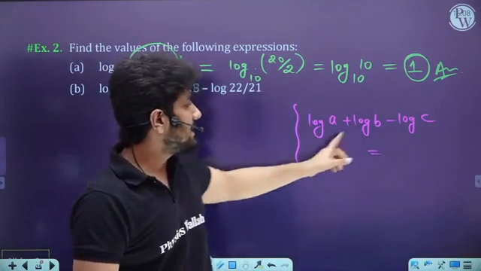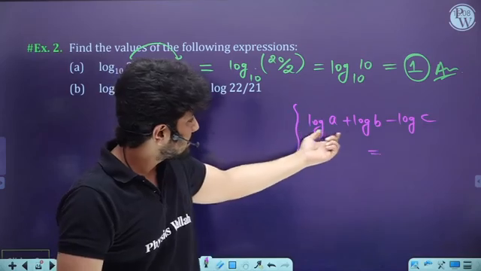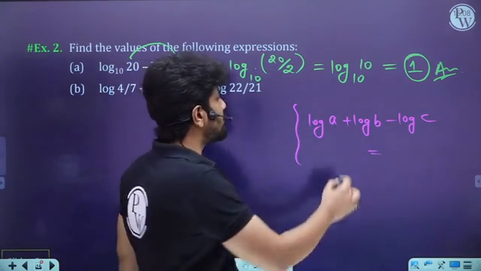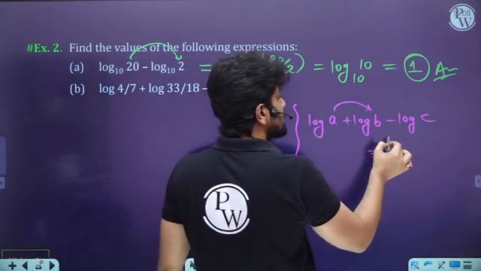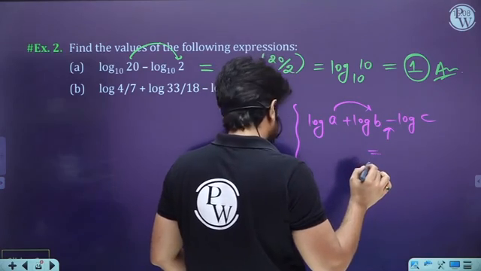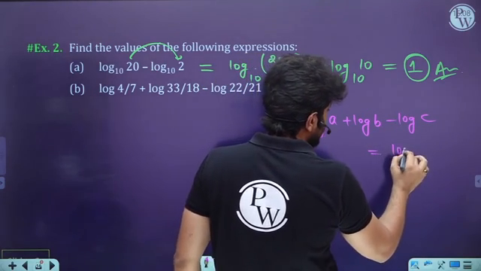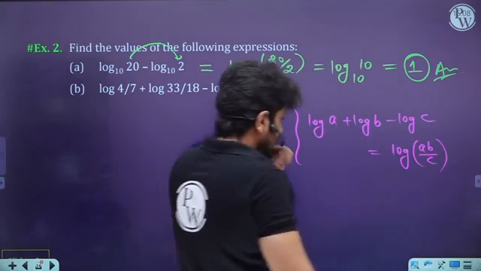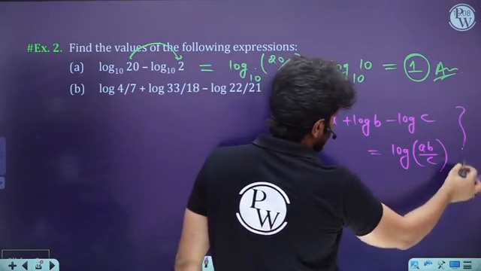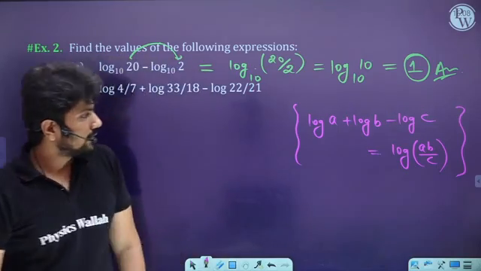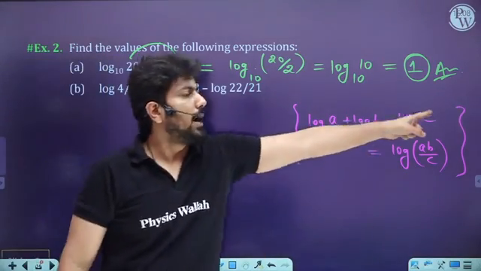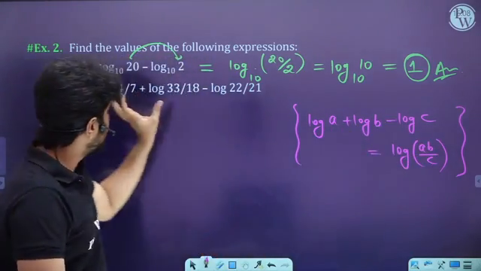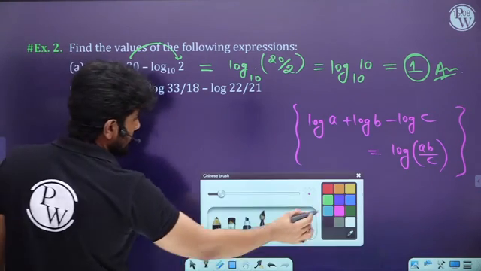So basically the base is same. Because we are adding these two logs, these two numbers will get multiplied, and because there is a subtraction, this C will come into the division. So we can write this as log of A into B upon C. In the similar way, we can solve this one as well.